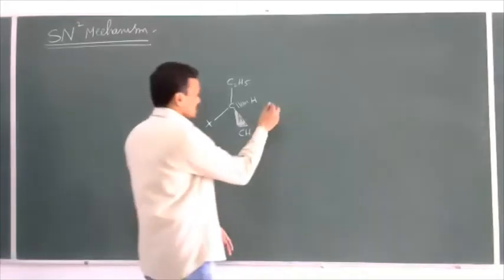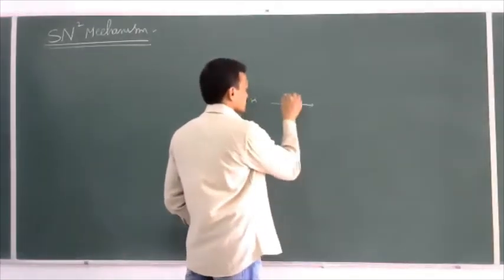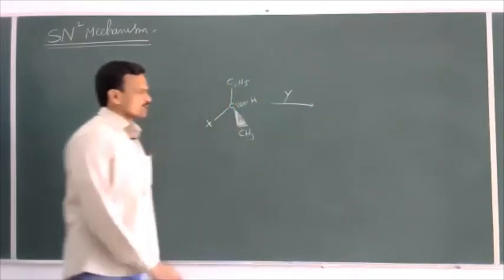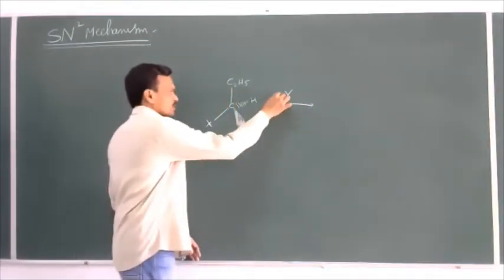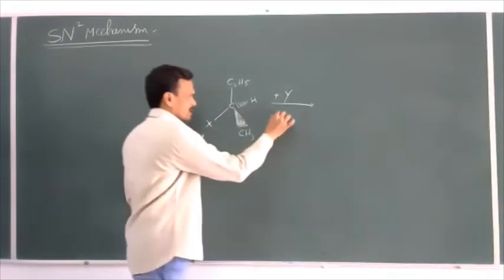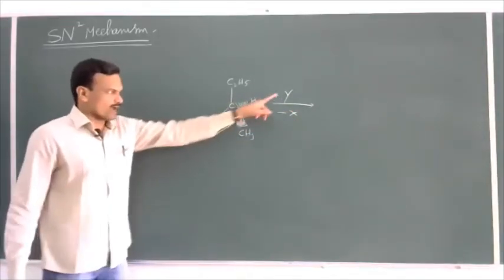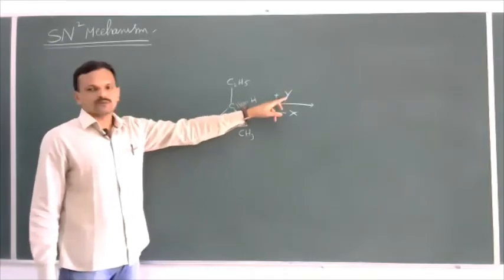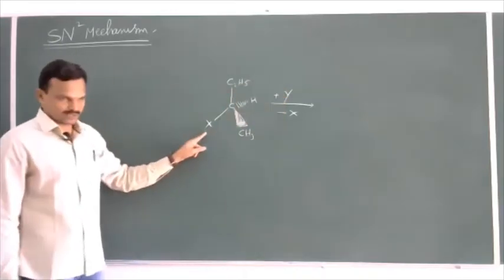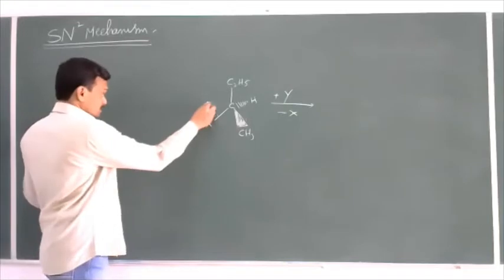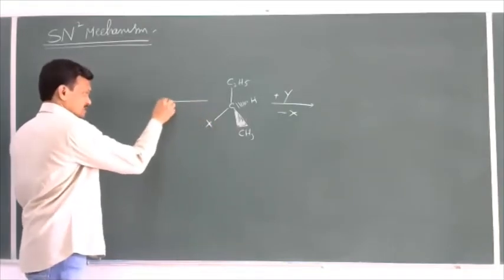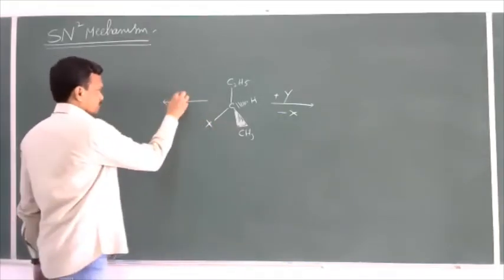When this molecule is allowed to react with a reagent Y, Y replaces X. Y is a nucleophile, and this nucleophile replaces the nucleophile X. Then the process takes place in two different ways.